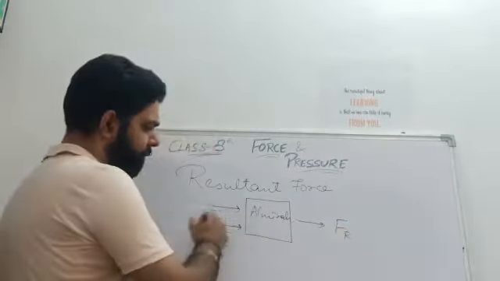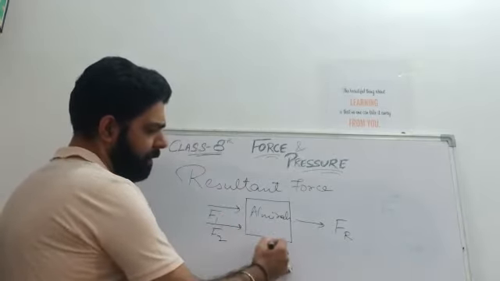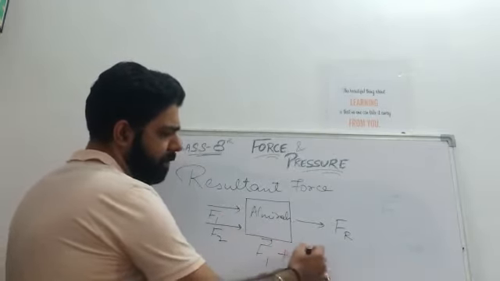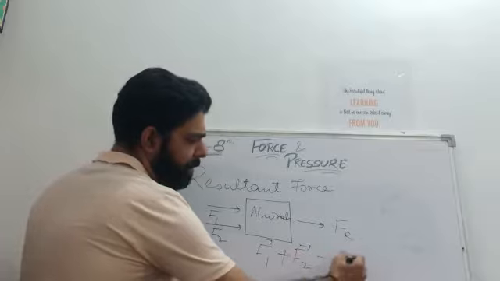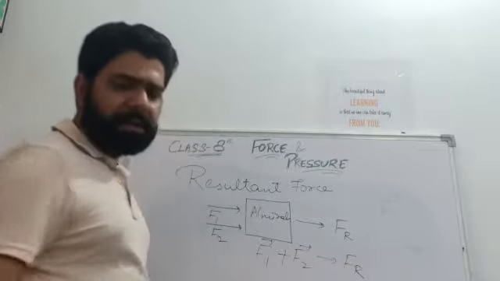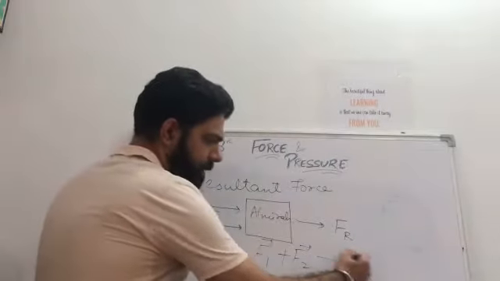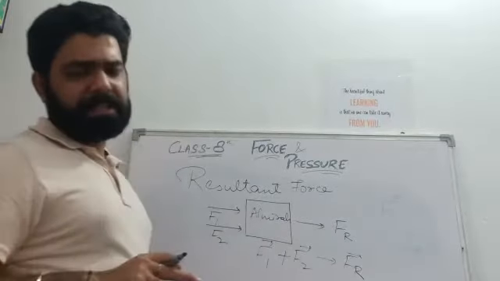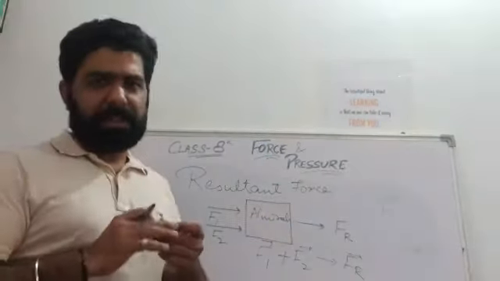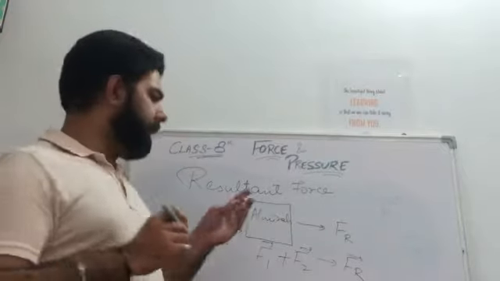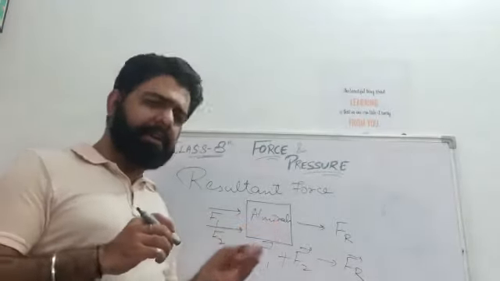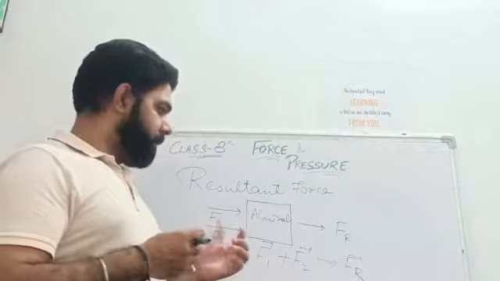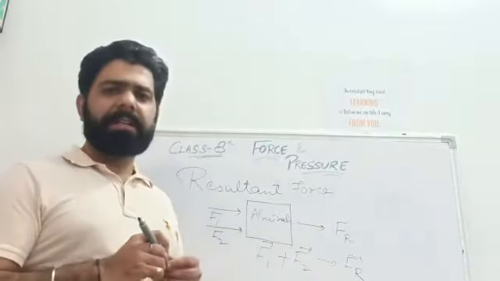That means the sum of these two forces, F1 plus F2, gives you Fr. The sum of these two forces is called the resultant force. It means the resultant force is that force when it is applied on an object from the same side.